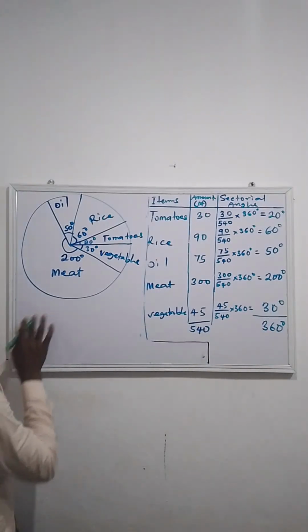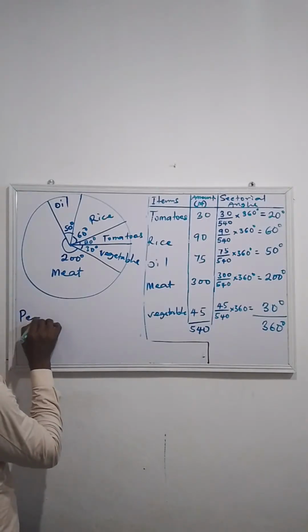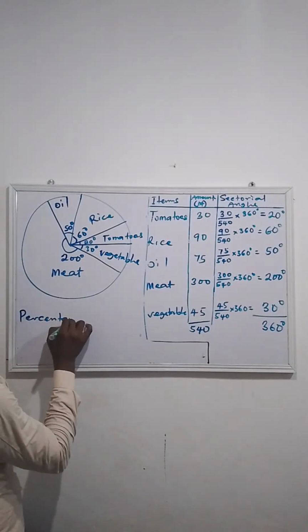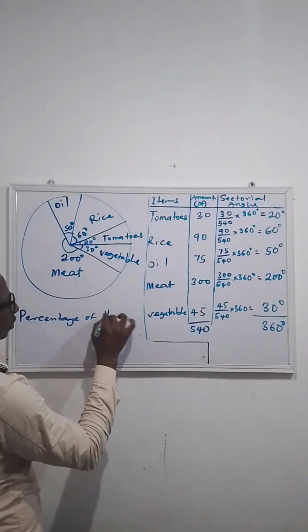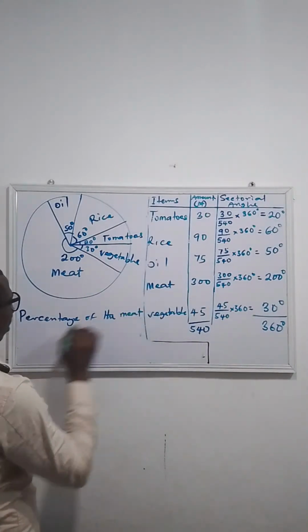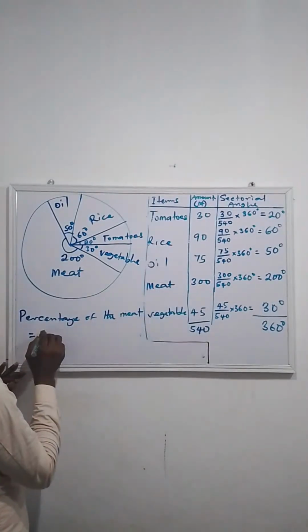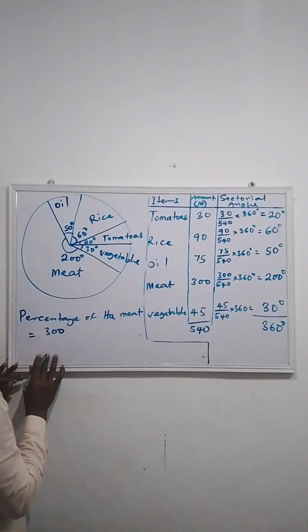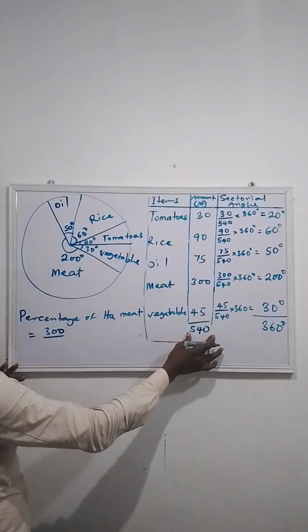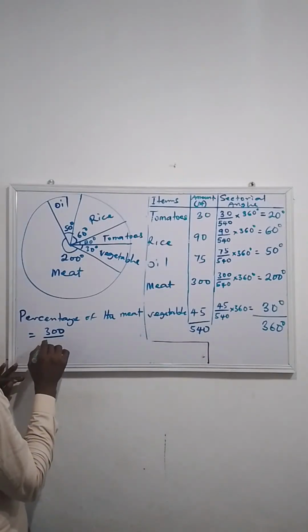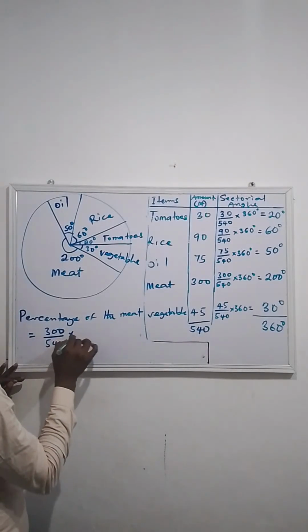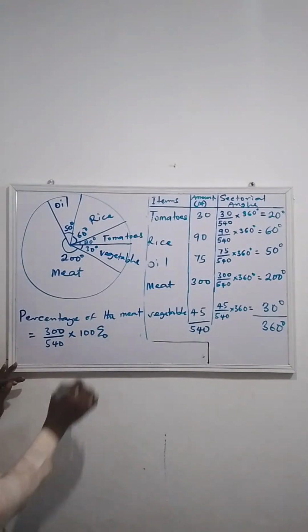So we have percentage of the meat is going to be the amount of the meat, that is 300 over the total amount. We have 540 times 100%.